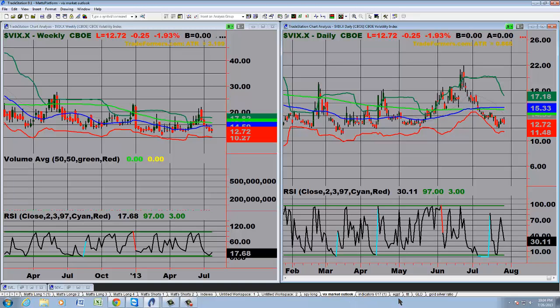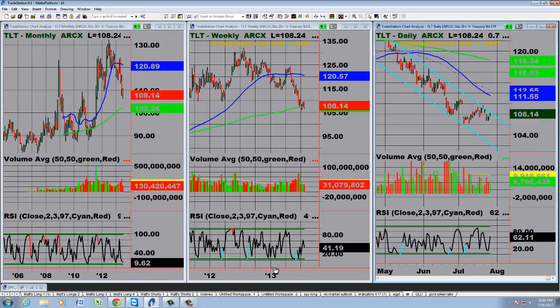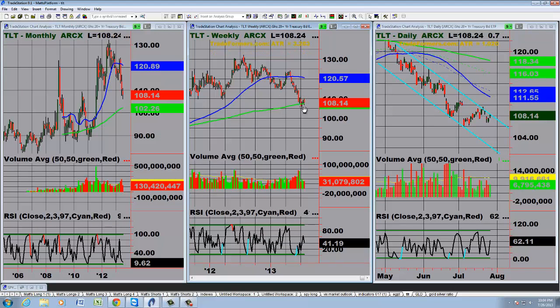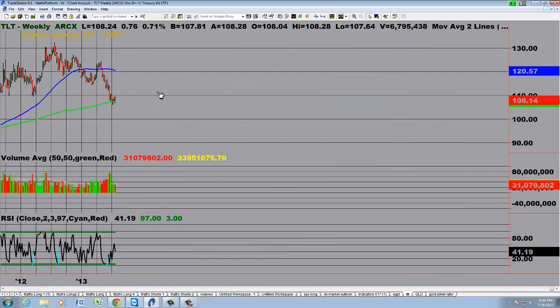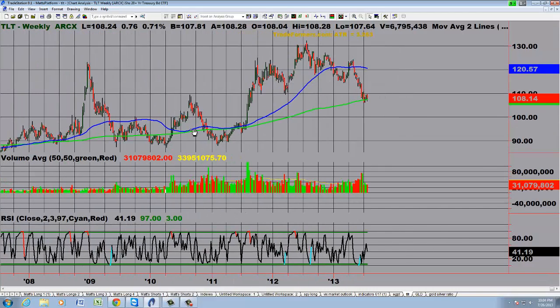Let's take a look at interest rates. And we said we cover the full spectrum here. The most important factor here is this green line on the monthly chart. You can see we're fighting to stick to the long-term uptrend, which is this 200-week moving average.